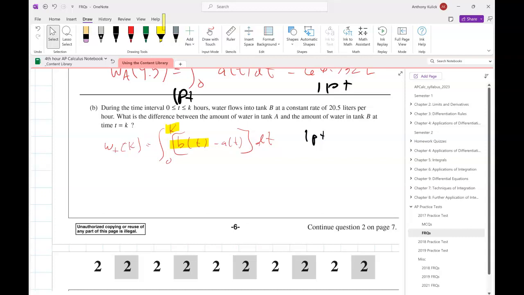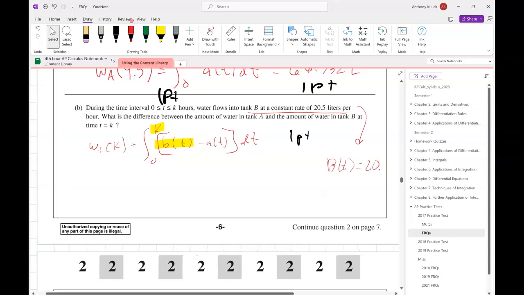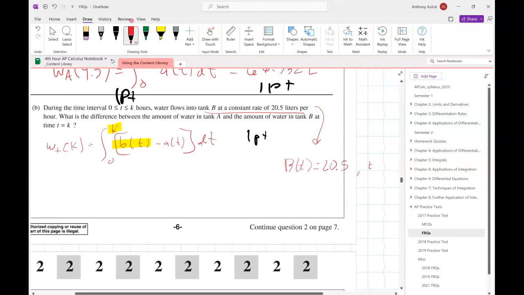The water flows into tank B at a constant rate of 20.5. What that tells me then is B of t equals 20.5 as long as t is less than or equal to k. So that's what I can put in here for B of t.